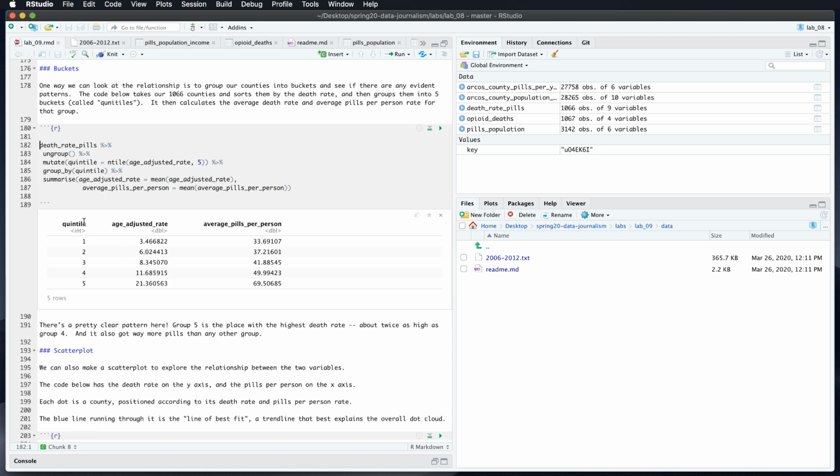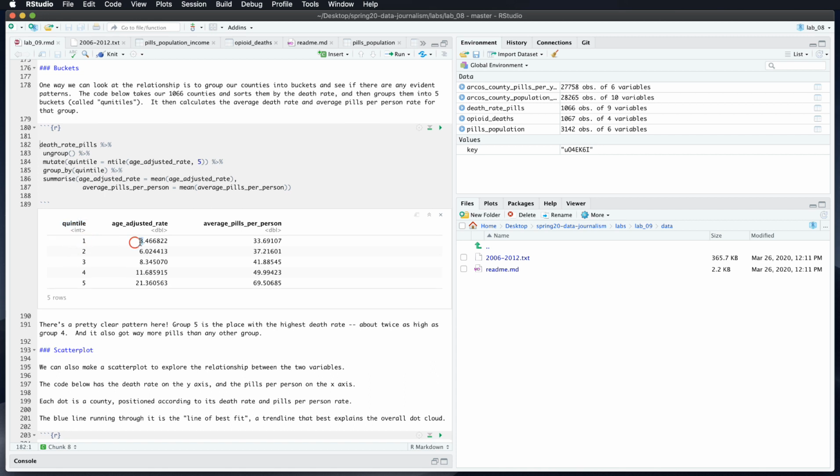We're calling these quintiles. A quintile would be a group of 5, each accounting for about 20%. So in this case, each quintile is going to have about 200 counties in it. A quartile would be 4 groups, each with about 250 counties in it.